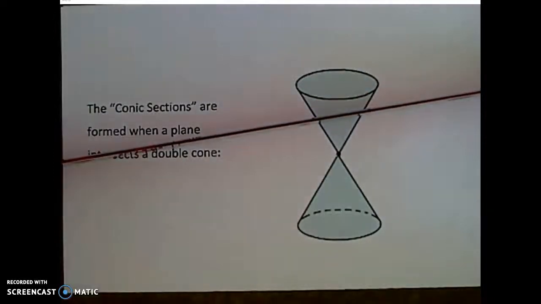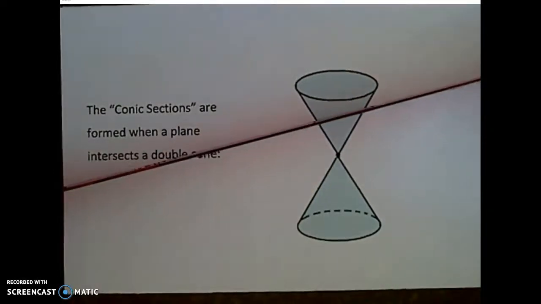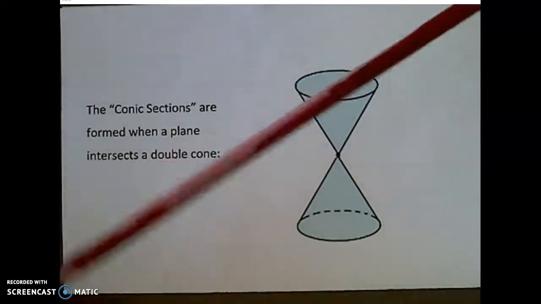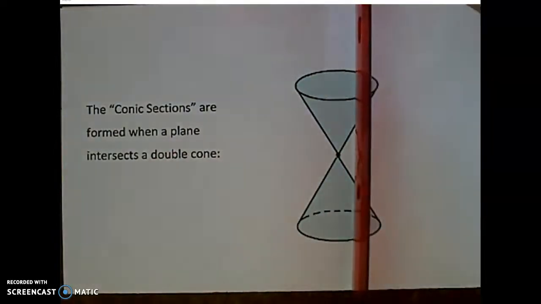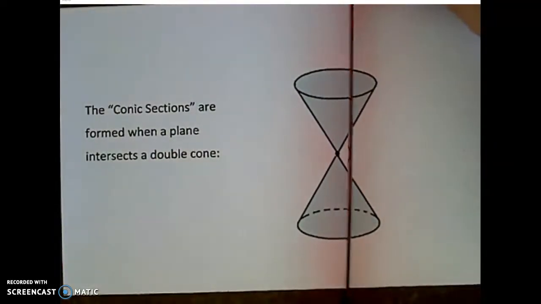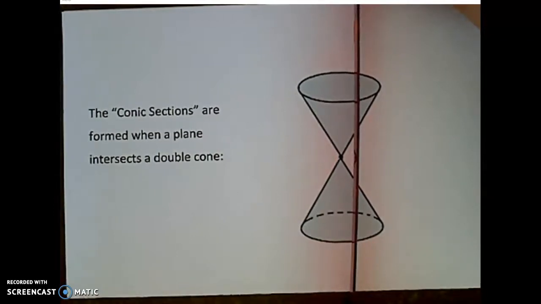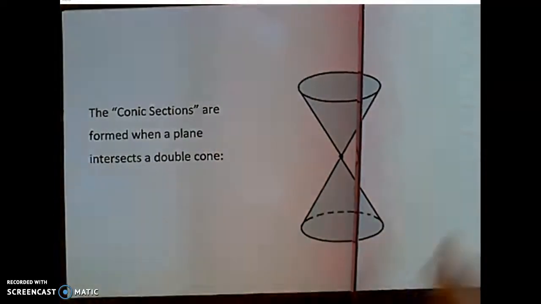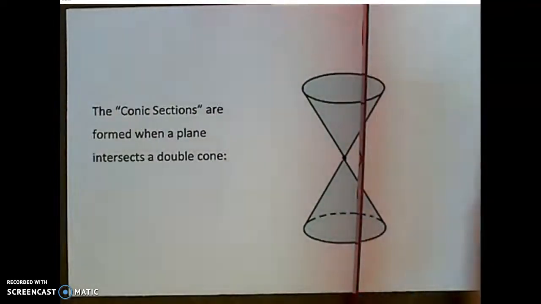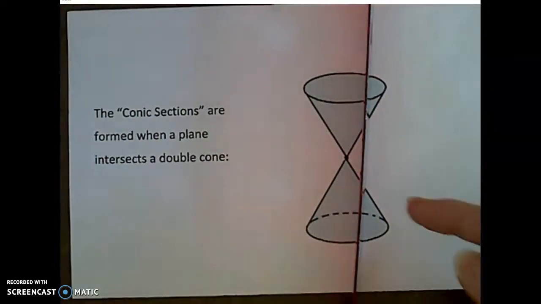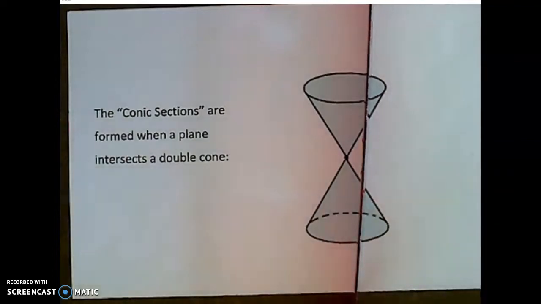If I ever split my cone so that my plane is not parallel to a base and take the top of that cone off, I'll get an ellipse. And I need a double cone for my fourth conic section, where if I split that double cone with a plane so that it intersects both of those cones, and if I could take this right-hand portion of my double cone off, my cross section is going to be a hyperbola.